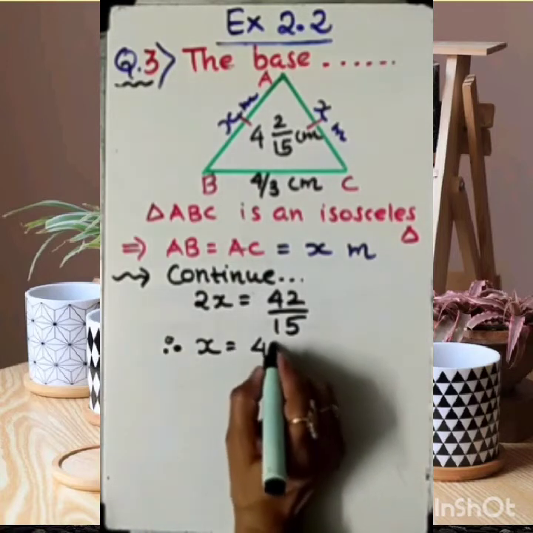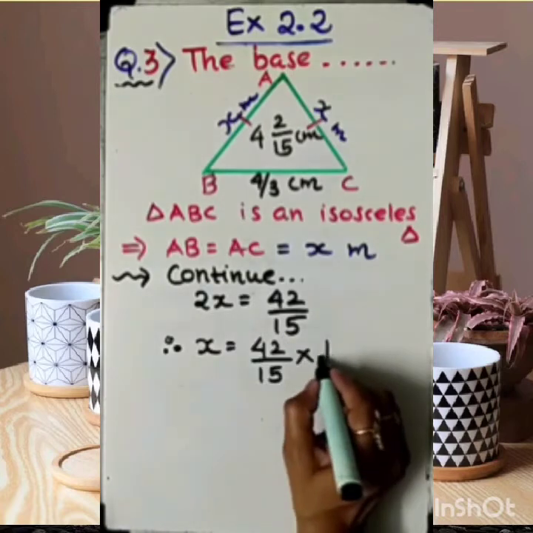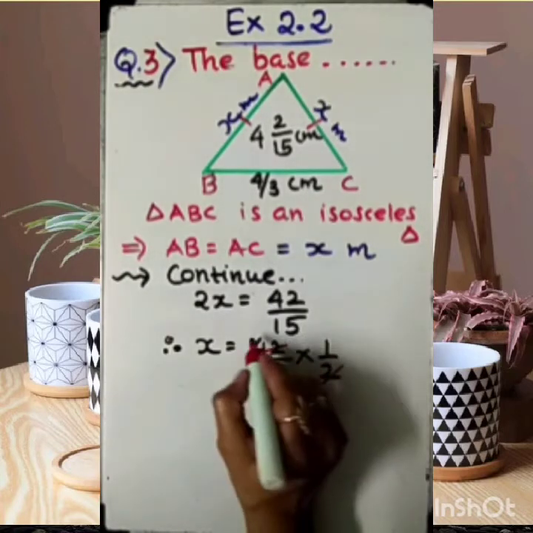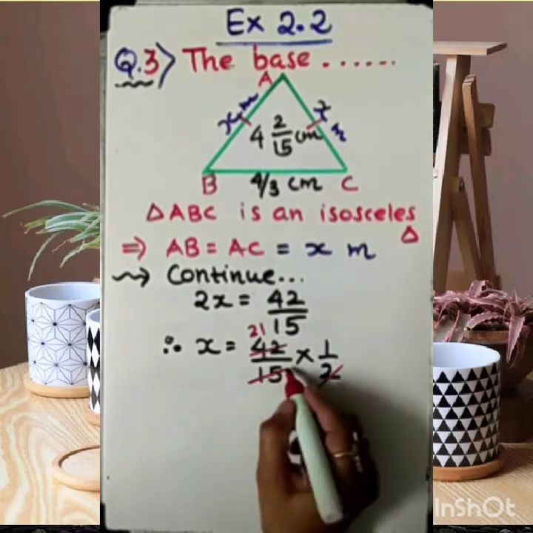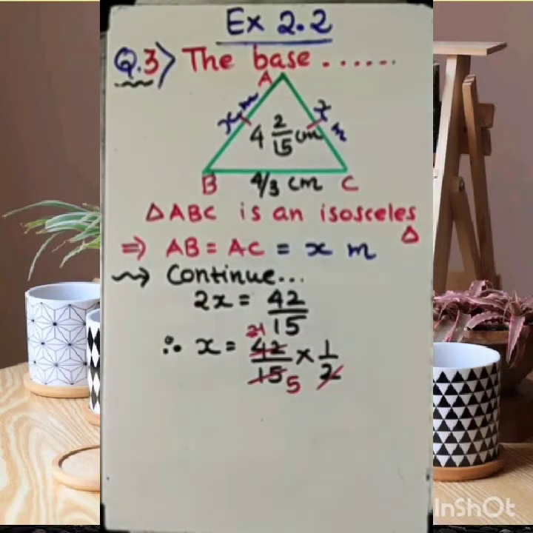The value of x will be 42 upon 15 already there. This 2 will become the denominator this side. So let's simplify it. As all of you know very well, 21 2 ja 42. Again 5 is common.